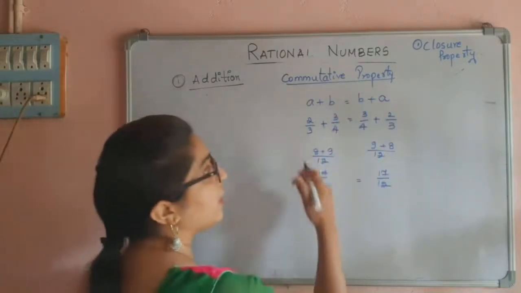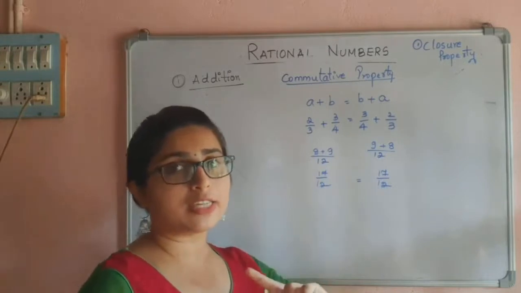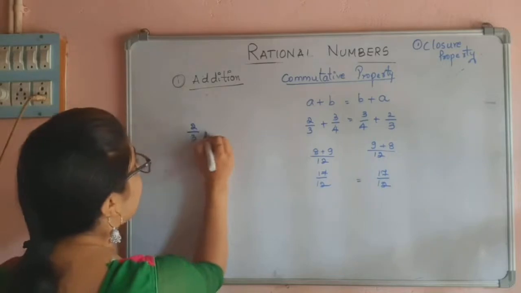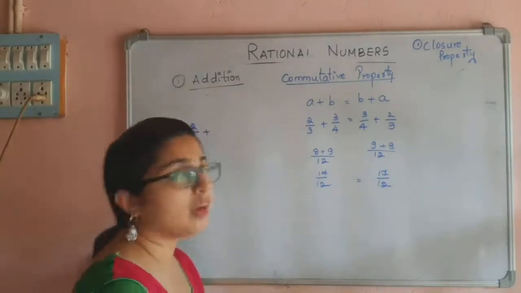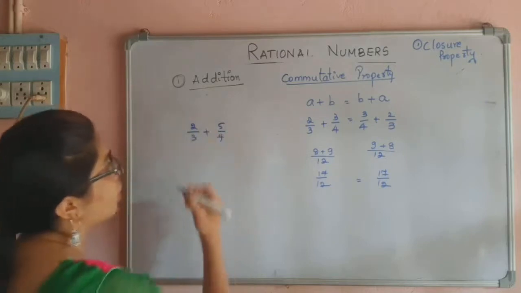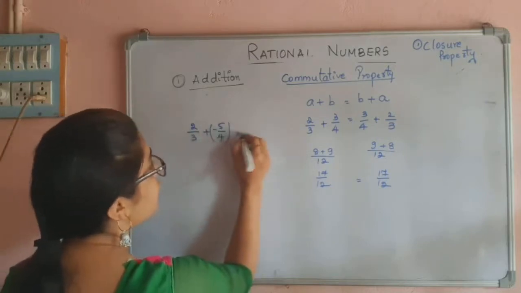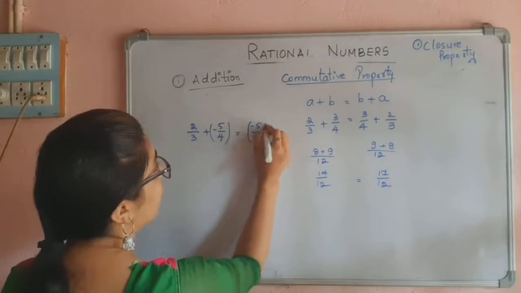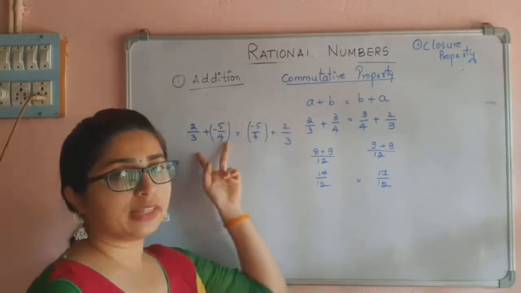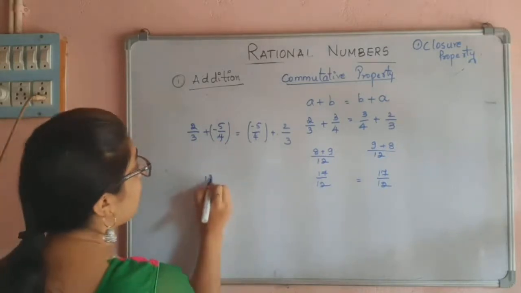So let us take one negative rational number, another one is a positive. So let us take 2 by 3 plus, let me take different number now. I will take minus 5 by 4. Okay, that is negative. So it should be equal to minus 5 by 4 plus 2 by 3. So now what I will do? I will take the LCM. 3 4s are 12.